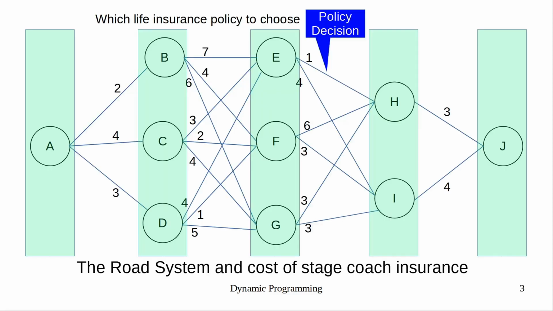So the policy decisions are nothing but your blue lines. That is, from A you take a policy decision to go to B, from B you take a policy decision to go to G, and from G a policy decision to go to H and J.